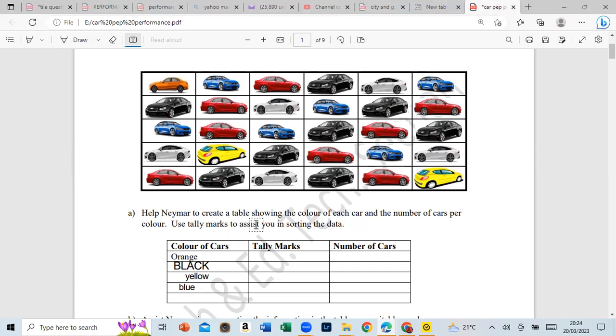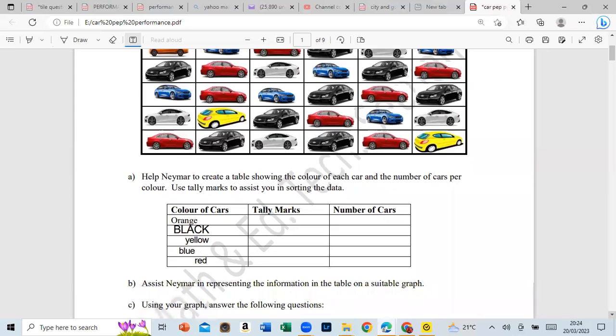So we have white here. We still have the other one, the red. I don't know what they're up to. I guess they probably want us to do another row. Let's see what they're saying first.